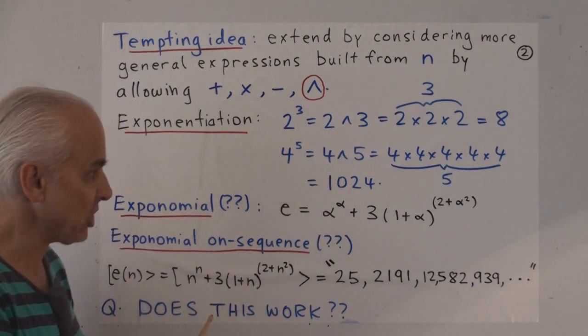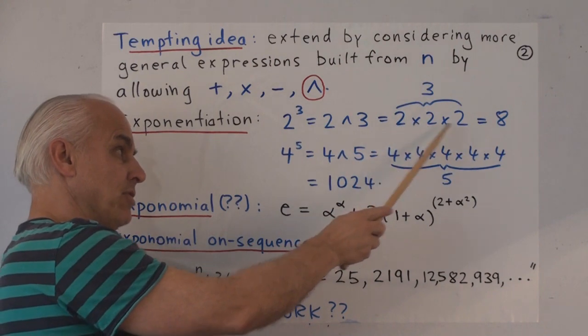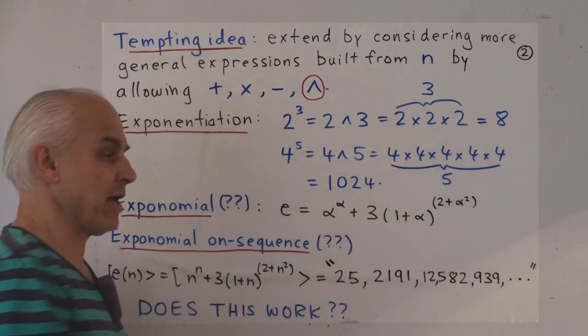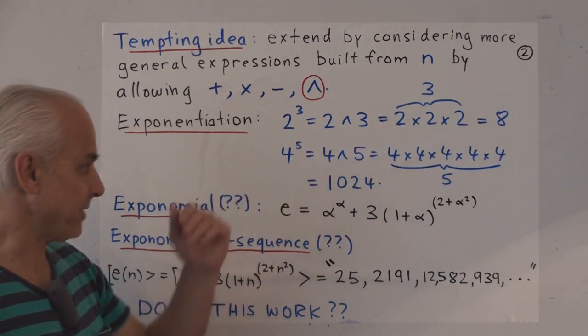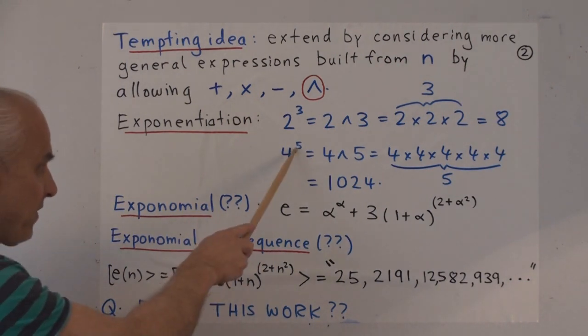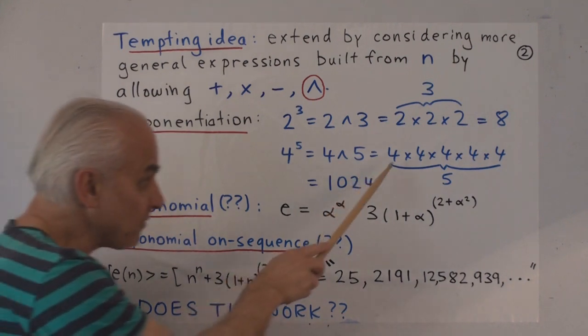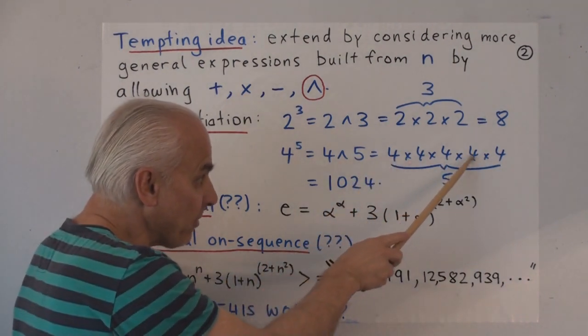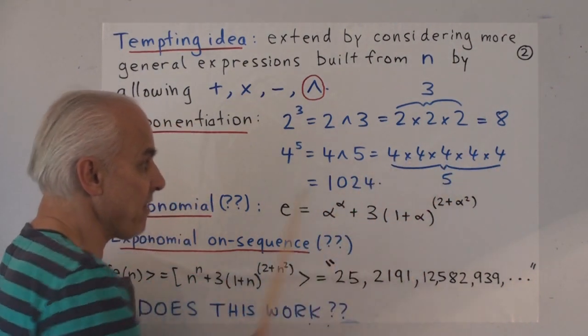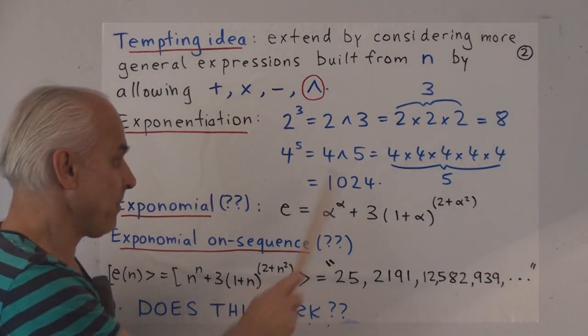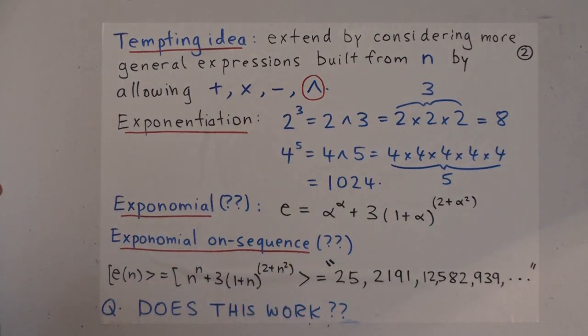This just means 2 times 2 times 2. We're multiplying together 3 copies of 2 to get 8. Similarly, 4 to the 5th, also written 4 with the hat 5, is 4 times 4 times 4 times 4 times 4, altogether five 4s. And that turns out to be 1024.